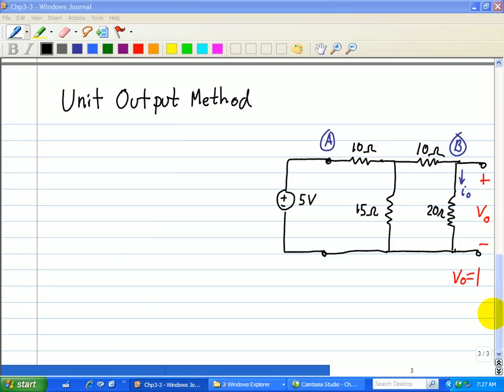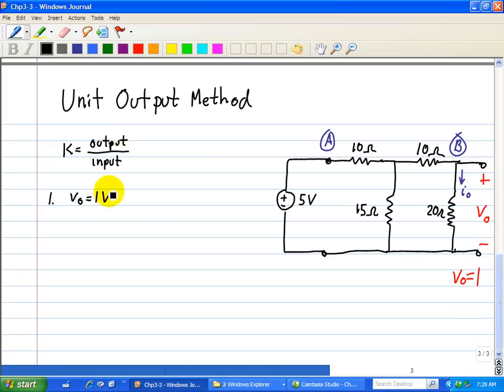Here, the method involves finding the input and output proportionality constant K. So that is, we take this K, which is really the output variable over the input variable, either voltage or current, and here we assume the output in our first step is equal to an output of 1 volt or an output current of 1 amp. So in other words, we assume a unit output.